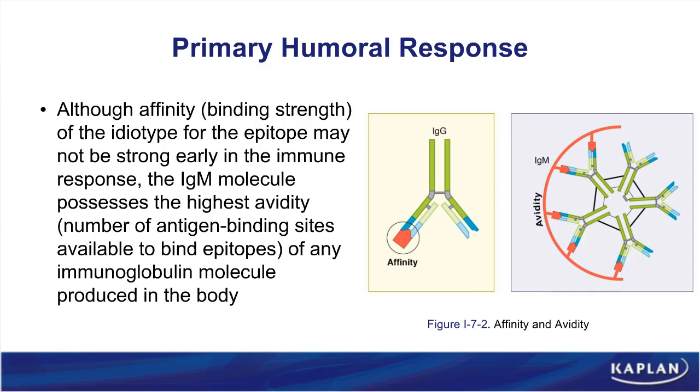Now, I'm hoping you already know, if I were to ask which antibody has the second highest avidity, you would tell me IgA, because IgA, when it's secreted from plasma cells in the mucosa, is expressed as a dimer, so it has the potential to bind 4 antigens.